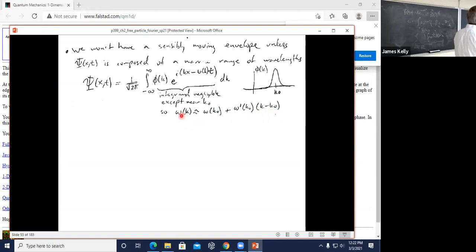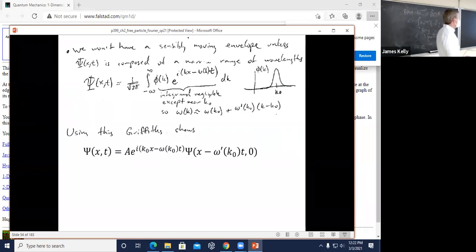So let's write omega of k as the value at the central k value plus the derivative of that evaluated at the central k value times k minus k0. And run the thing through. I'm not going to go through the details. Griffiths shows that it ends up in this form afterwards.